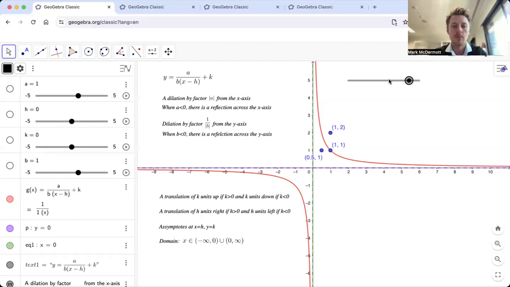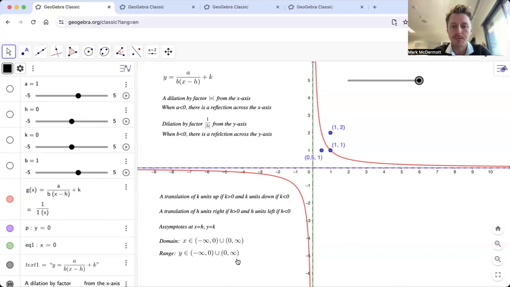And then let's talk about the domain. So we're set back on 1 on x, just the usual most basic function. We can see the domain is going to be from -infinity to 0, but not including 0, and then from 0 to infinity. Similarly, the range, you probably guessed, is from -infinity to 0, but we can't include 0, and then from 0 up. Okay, so that's for the graph of 1 on x.